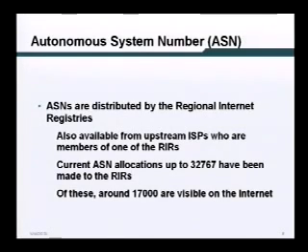Current AS allocations have been made up to 32,767. So that's been handed out from the IANA to the regional internet registries, and the regional internet registries are in the process of handing those AS numbers out to the ISPs who qualify.